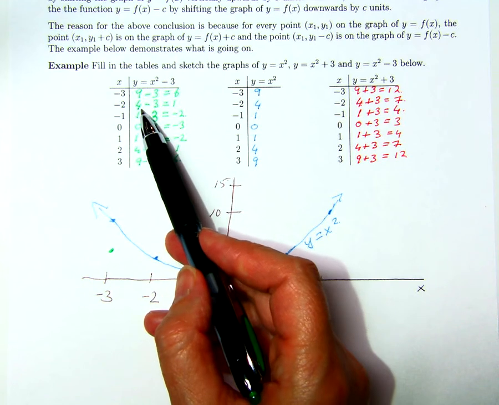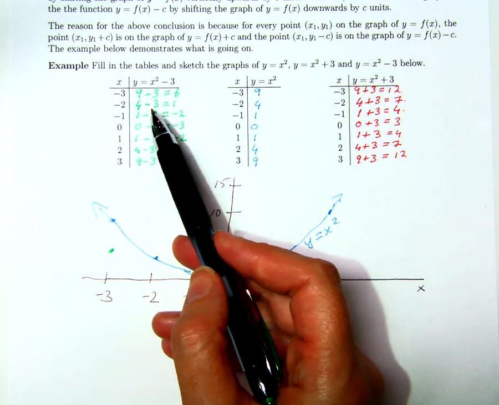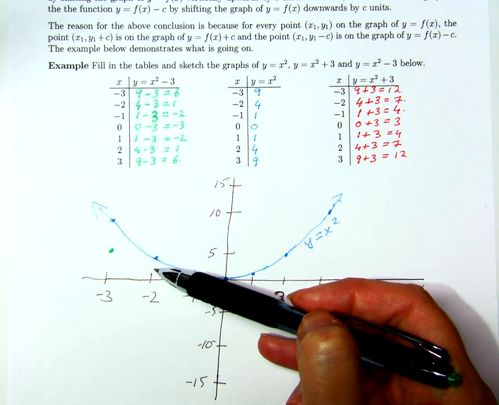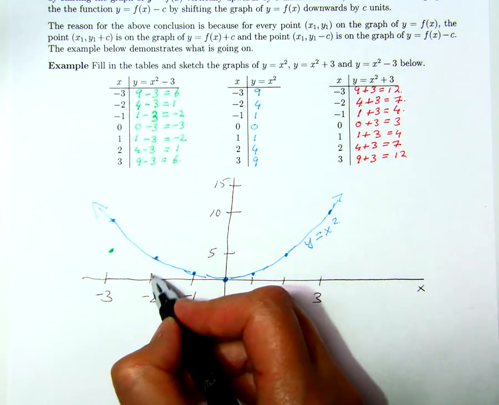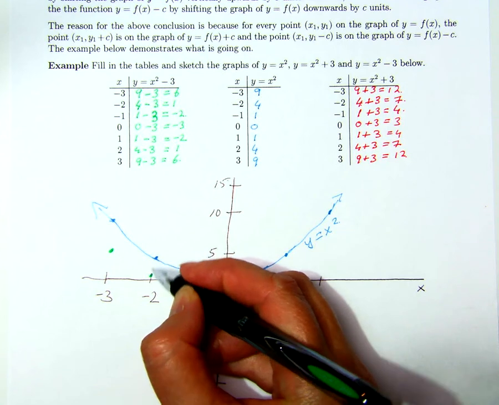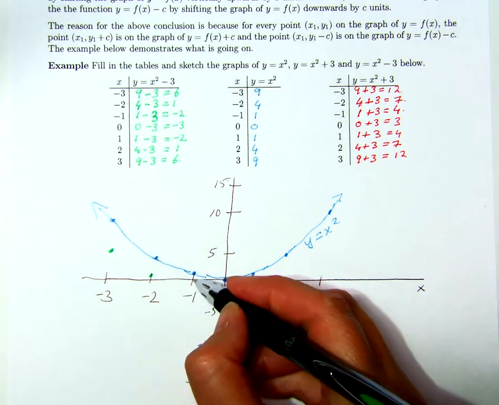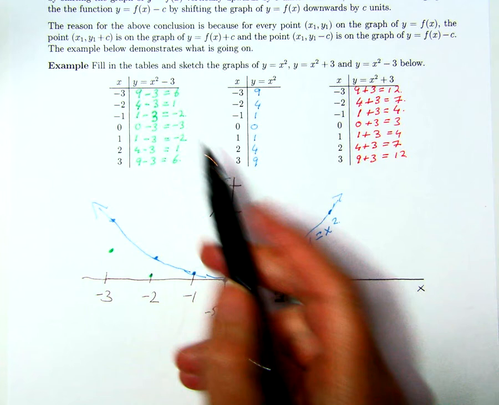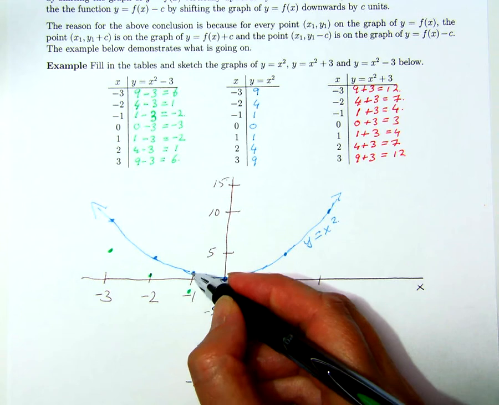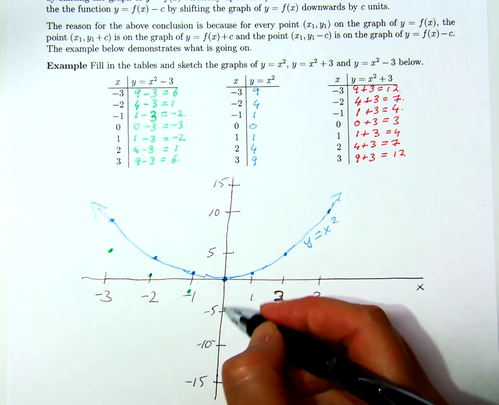When I take x equal to -2, the point on the graph here is 4 minus 3, which is 1, which is exactly 3 points below the corresponding point on the graph of y equals x squared. When x is -1, we get -2 here; again, it's 3 points below the corresponding point on the graph here.